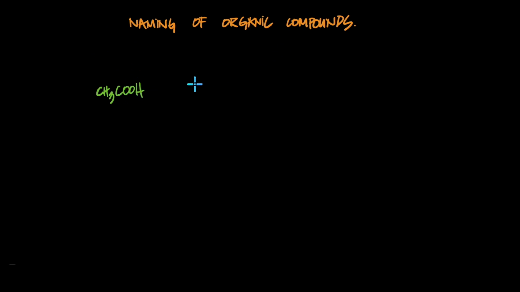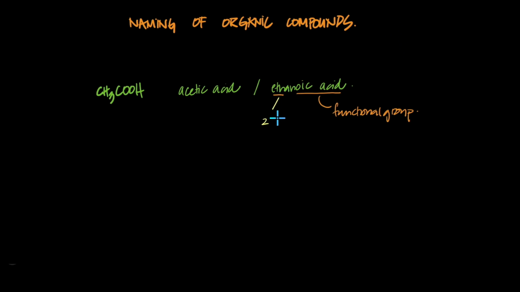Its common street name is acetic acid, but the IUPAC name, or the systematic name, is ethanoic acid. I'm naming this first because we all know it from last year. The fact that it's ethanoic acid tells you its functional group. You already knew that part from last year, right? And the eth tells me there are 2 carbons.